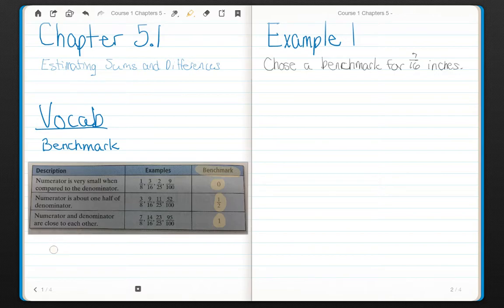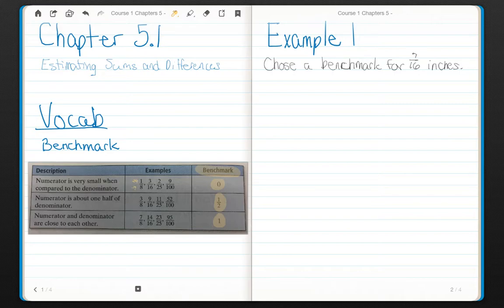So this chart helps us to identify which benchmark you need to round to. A general rule of thumb when you're asking yourself what benchmark this fraction rounds to is: is there a very small difference between the numerator and the denominator?